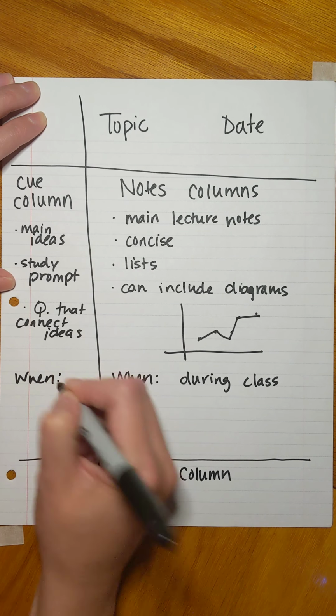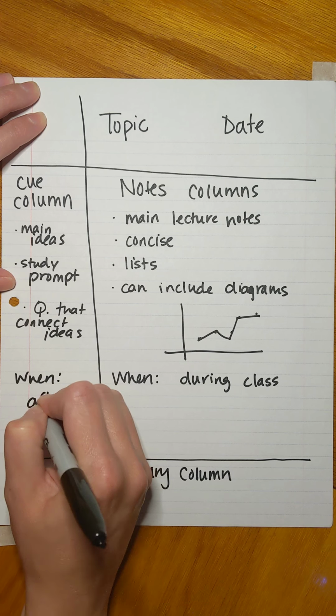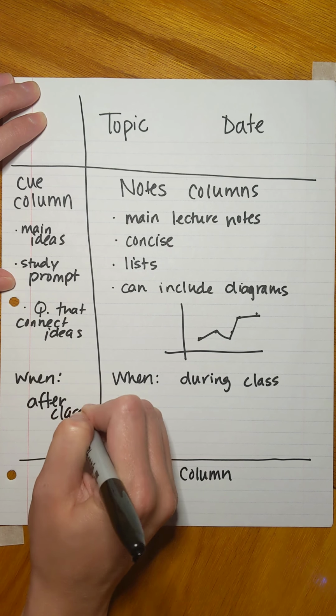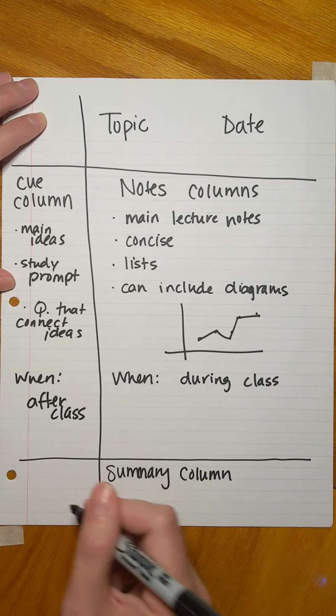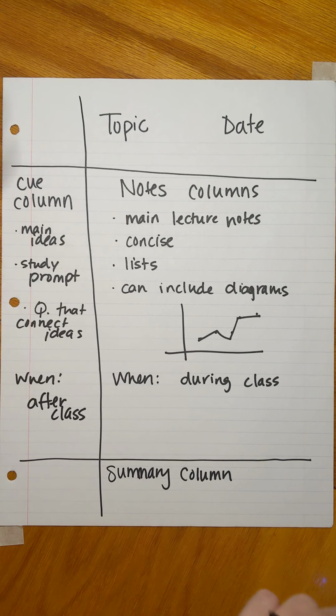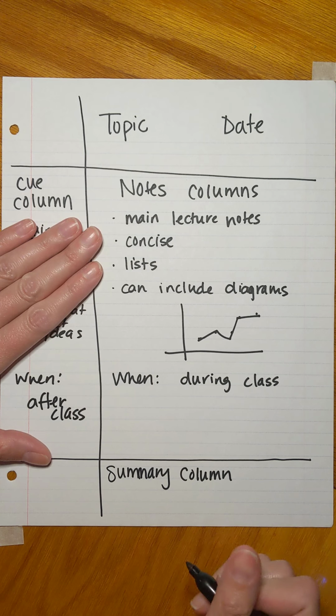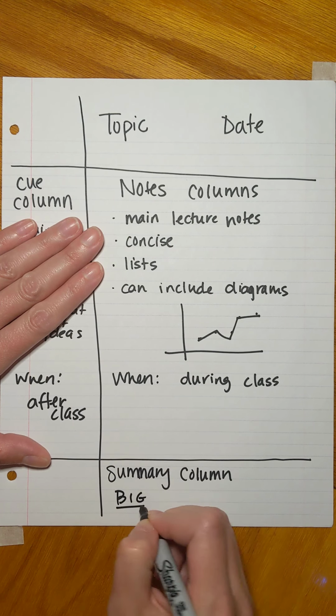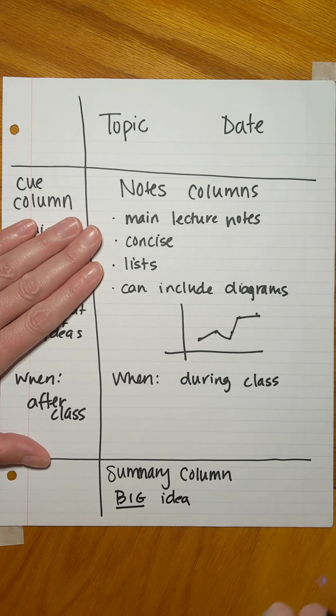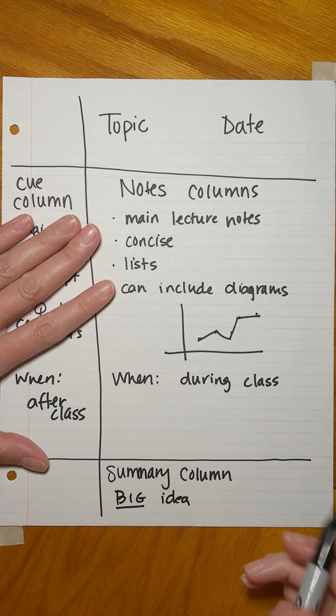So when would we be doing this? We would be doing this after class when we're studying or we're reviewing our work. And then the last part is the summary column down at the bottom. Not shockingly, it is where you will be summarizing. And so we want the big idea, and that shouldn't be more than 1 or 2 sentences, very brief.